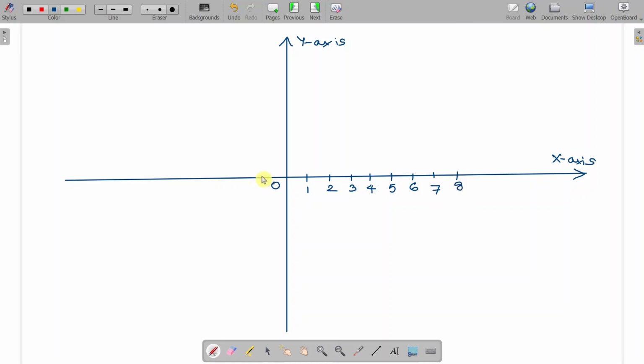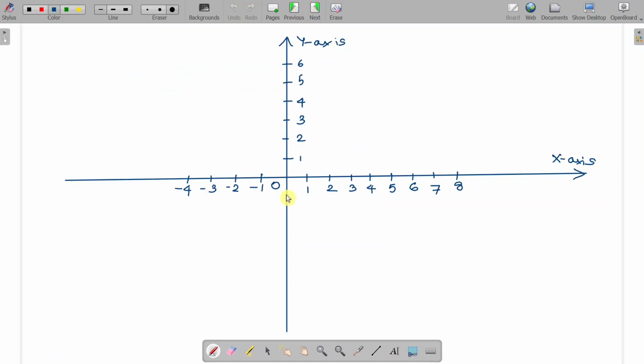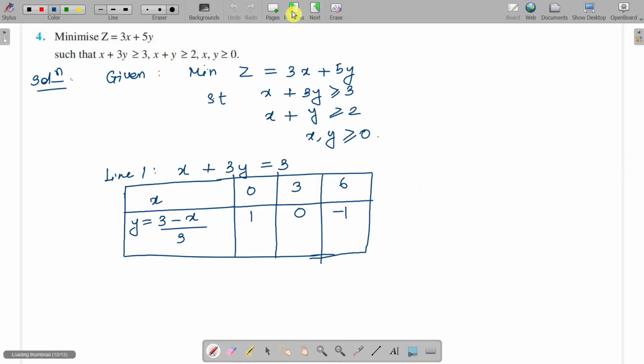Okay, here minus 1, minus 2, minus 3, minus 4. Here it is 1, 2, 3, 4, 5, 6, and then here it is minus 1, minus 2, minus 3, minus 4. Now let us plot the lines.